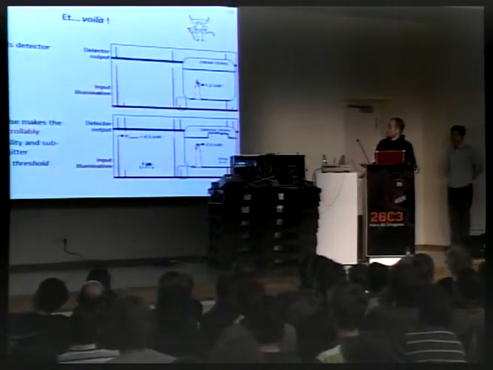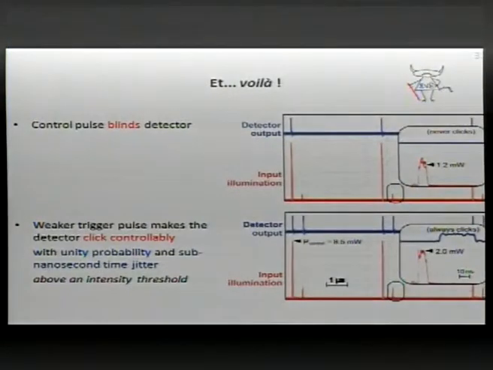What you see here are oscillograms of the detector output as a function of optical illumination. So here you have the bright pulses that Eve sends, and you can see that, of course, those bright pulses trigger a click at the detector, but between two clicks, the detector is completely blind.